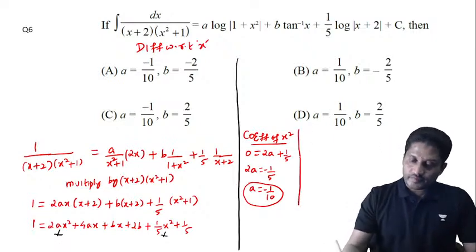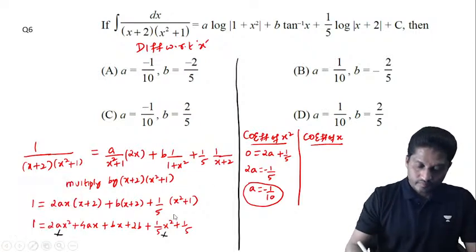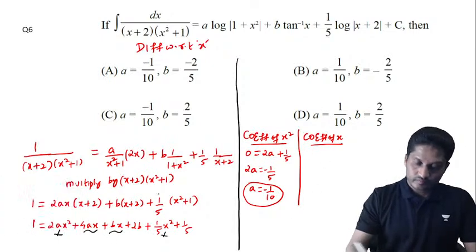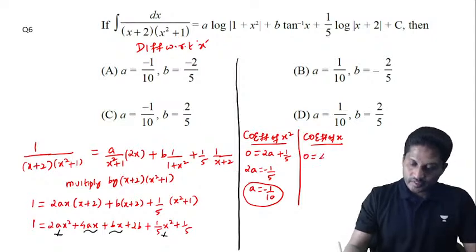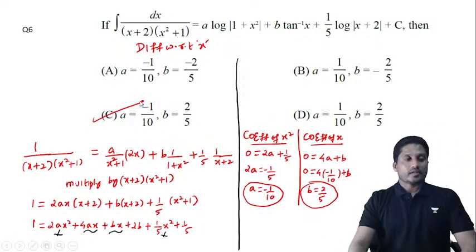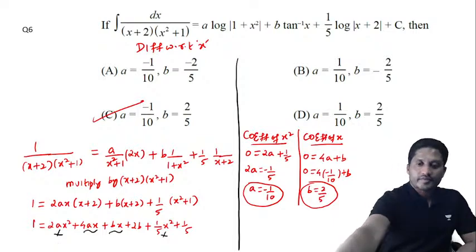If I equate coefficient of x, left side it is 0, is equal to 4a plus b. 0 is equal to 4 into minus 1 by 10 plus b. b is equal to 4 by 10, which is 2 by 5. A is minus 1 by 10, b is 2 by 5. Okay, answer is option C. Let's move to the next question.